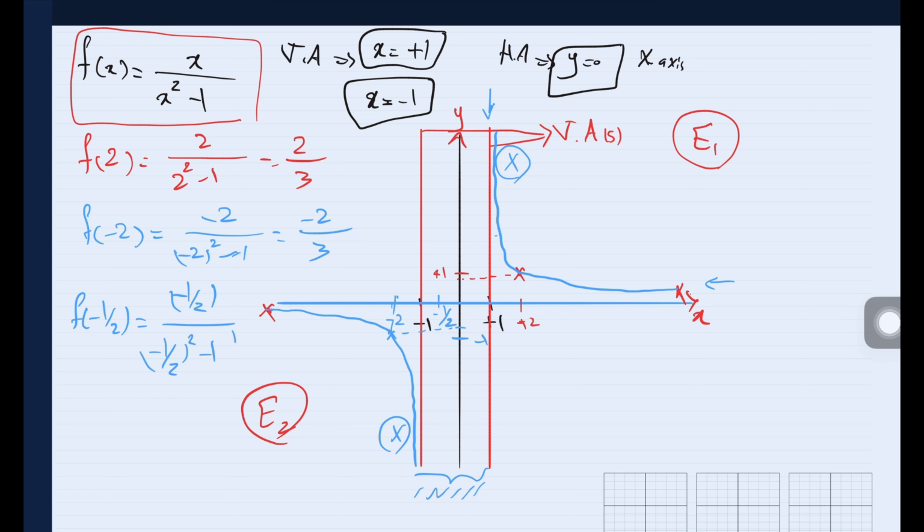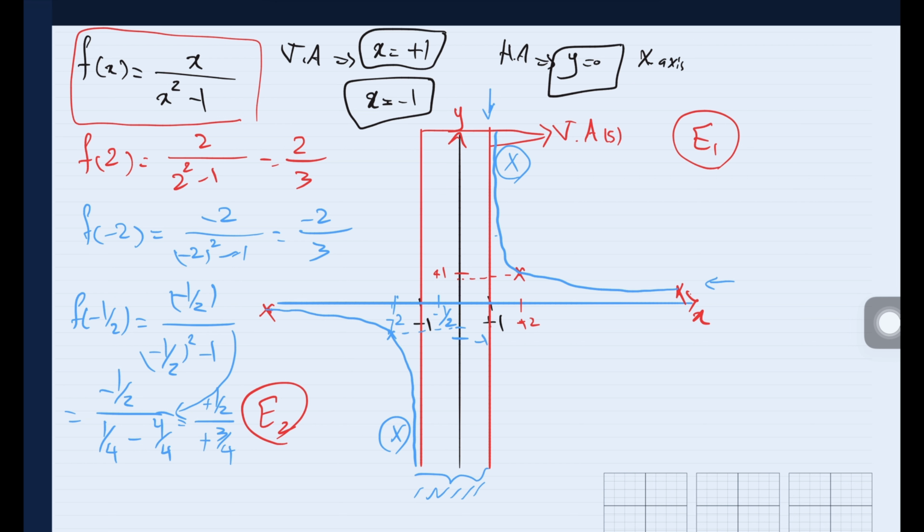So I have -1 over 2 divided by 1 over 4 minus 4 over 4, since 1 is 4 over 4. So that is -1 over 2 divided by -3 over 4, where the negative will be cancelled out.